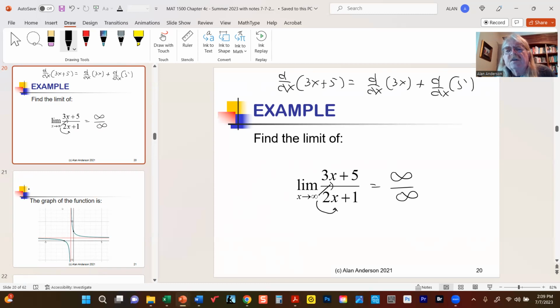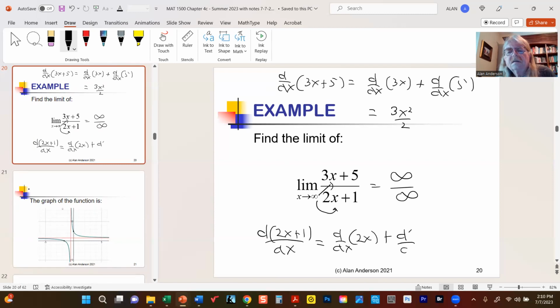So the second term is just 0. So we're going to end up with 3x squared over 2. The denominator, I'll end up with x squared plus 0, or just x squared.